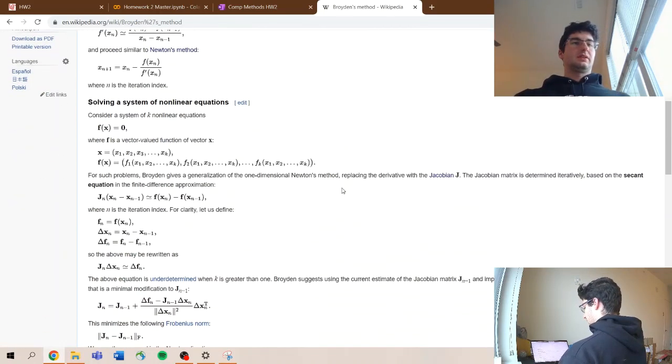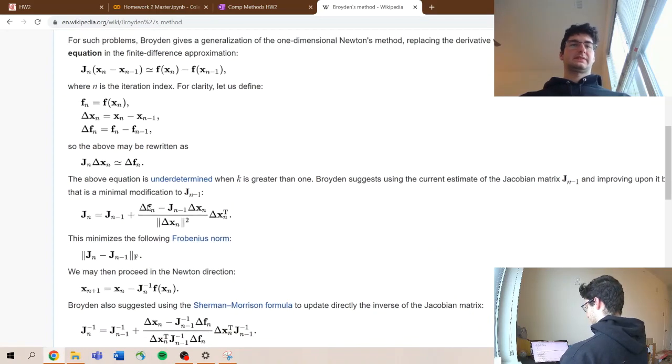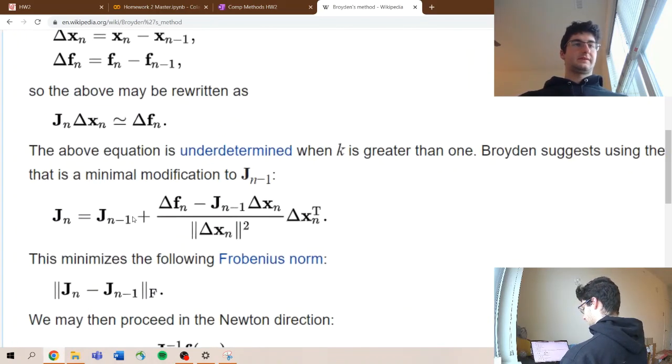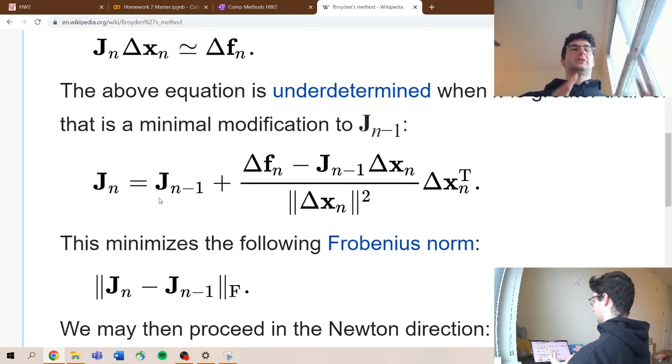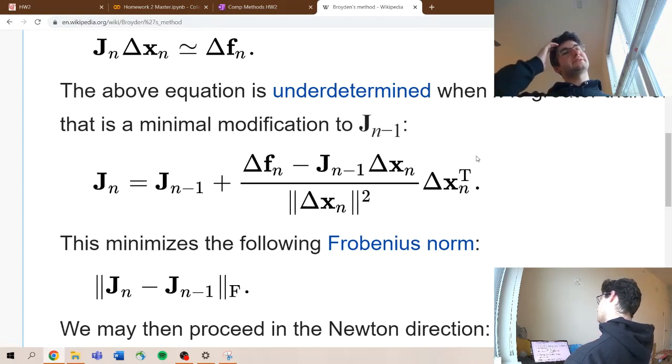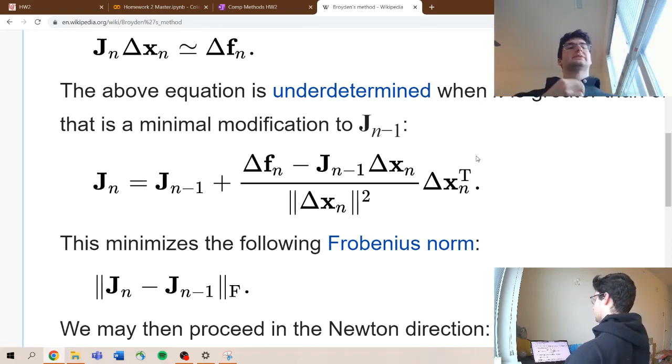What specifically we're going to be looking at is this equation here. Let me zoom in. It's designed as a modification of the approximate Jacobian. He kind of used the secant method that we talked about in part 2A as a baseline for doing this.